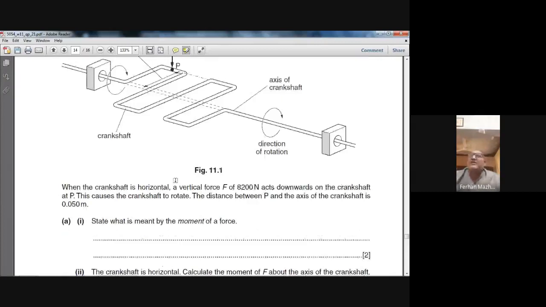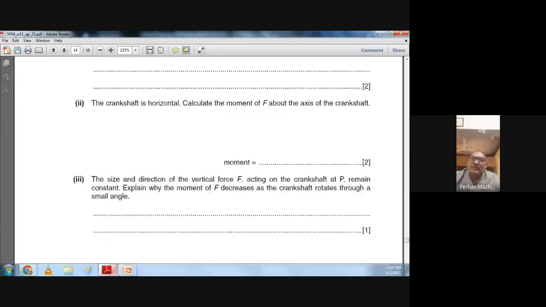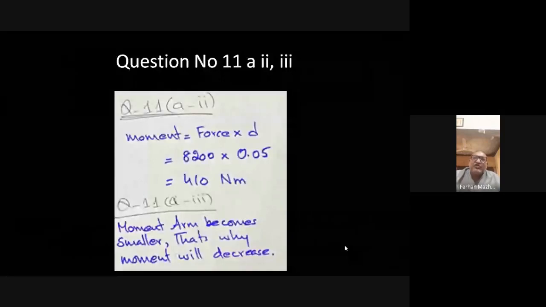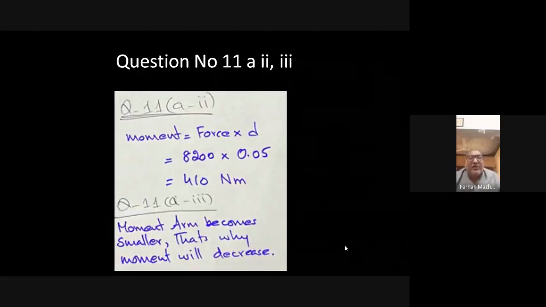Let me show you my work. Moment is equal to F multiplied by D. It will be 8200 Newton multiplied by 0.05 meter. The final answer will be 410 Newton meter. So let's check from the marking scheme.